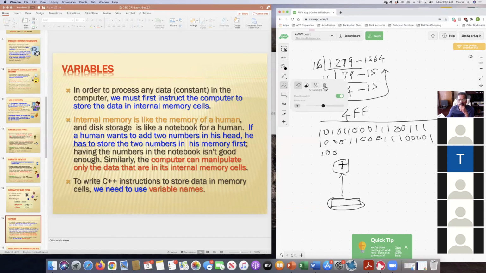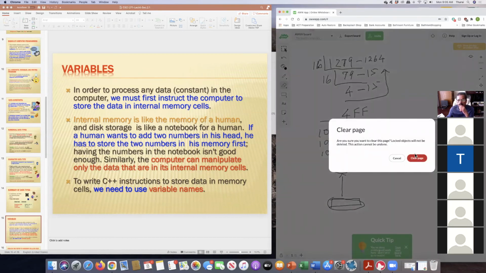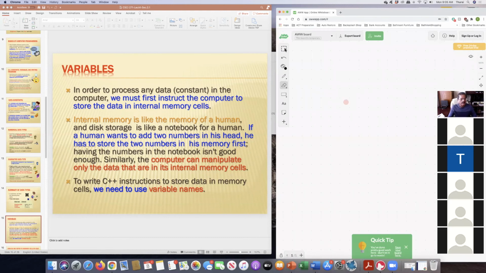Any name you make up and use in your program will automatically become a name for the next available memory cell. A memory cell can be 1 byte long or 2 bytes long or 4 bytes long, but whatever memory is allocated for that particular data is what we call a memory cell. And a memory cell may have more than 1 byte, depending on the data.